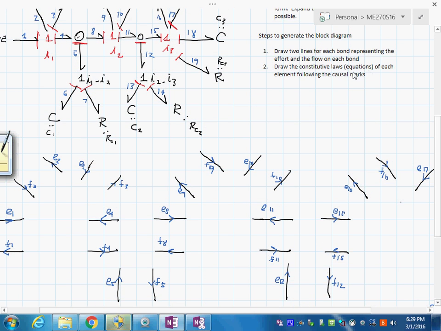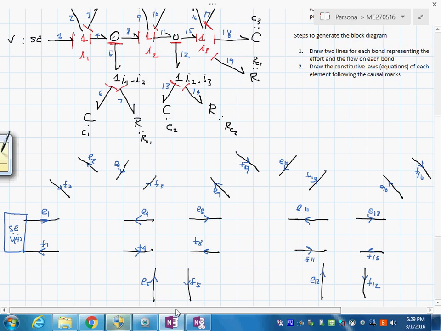This R element, F sub 3 goes in, gets multiplied by R sub 3, and out comes this. And we continue with every single one like that.